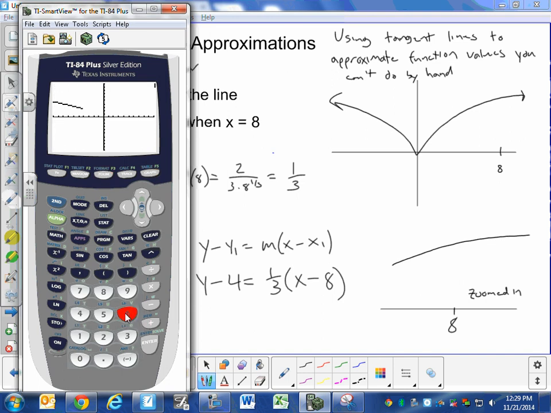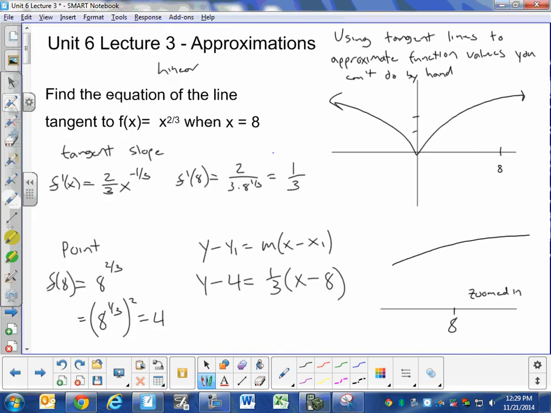This is what x to the 2/3 looks like. And now here's my tangent equation at the point (8, 4). Okay, so it looks something like this, right?